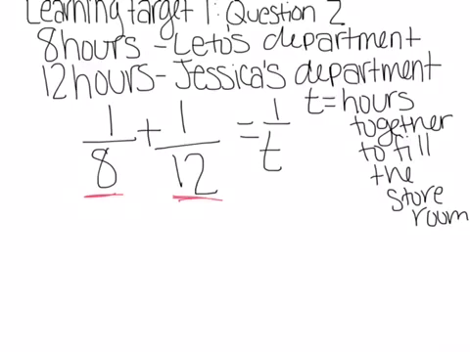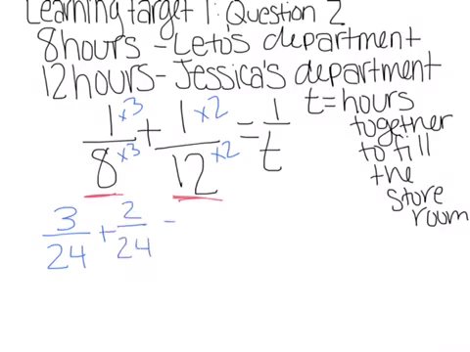So I'm going to multiply 8 times 3, and that's going to give me 24. I'm going to multiply 12 times 2 because 12 times 2 is 24, and 1 times 2 because you have to multiply the top too. So my equation is going to turn into 3 over 24 plus 2 over 24, which then equals 1 over T.